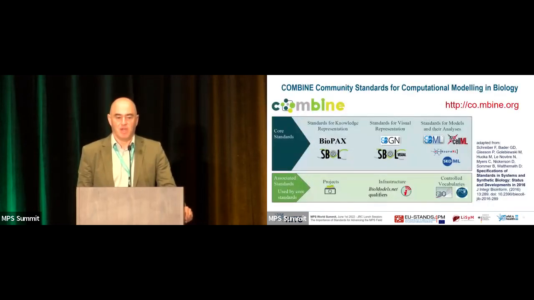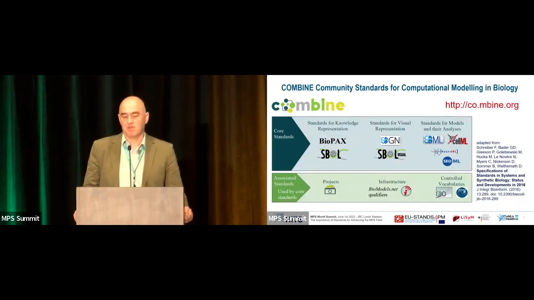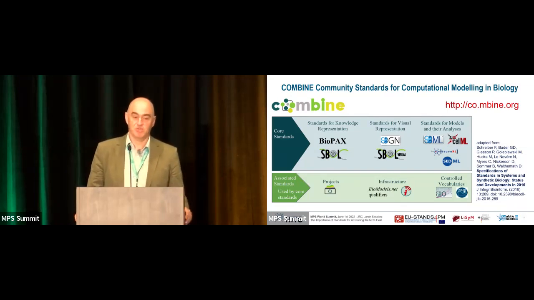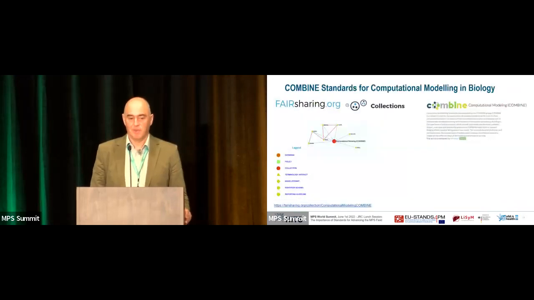That's why we established more than 10 years ago the COMBINE network, Computational Modeling in Biology Network, that comprises the most used standards in the field and harmonizes them to become more interoperable. That comprises standards for knowledge representation like SBOL, what I showed you, standards for visual representation like SBGN, but also standards for the models themselves like SBML, and corresponding activities like controlled vocabularies and other infrastructures.